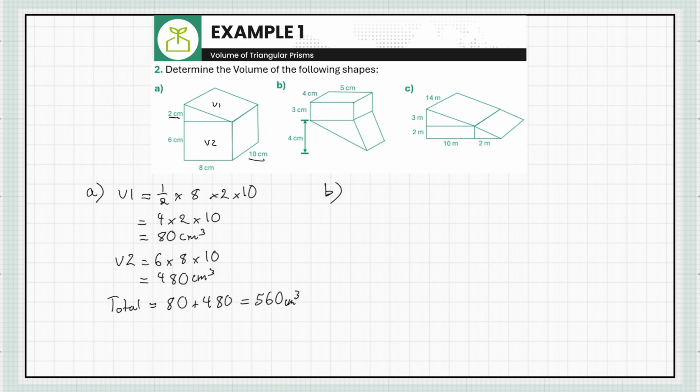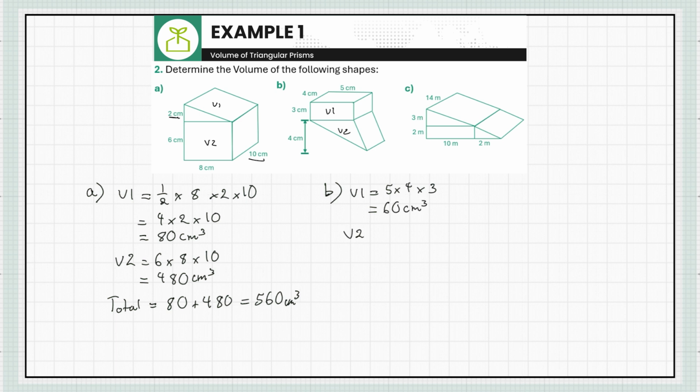Right, for B, what we have is the same idea, but this time we'll do volume 1 as the rectangular prism and volume 2 as the triangular one. So volume 1 is just going to be equal to 5 multiplied by 4 multiplied by 3, which is just 20 times 3, which is just 60 centimeters cubed.